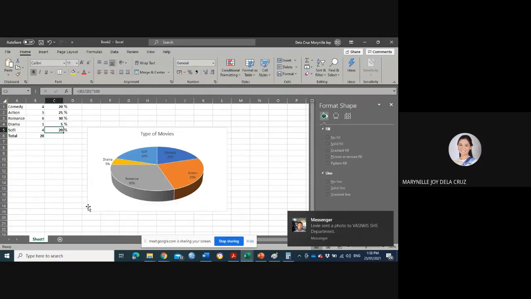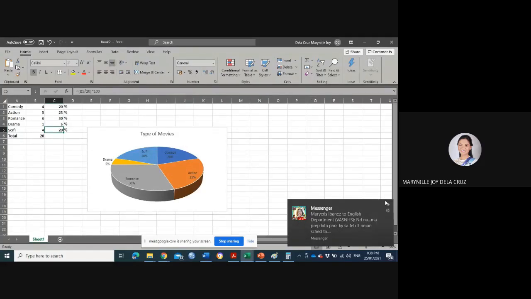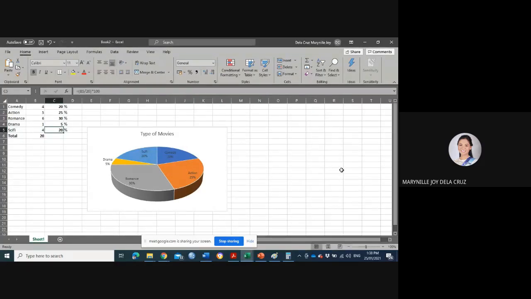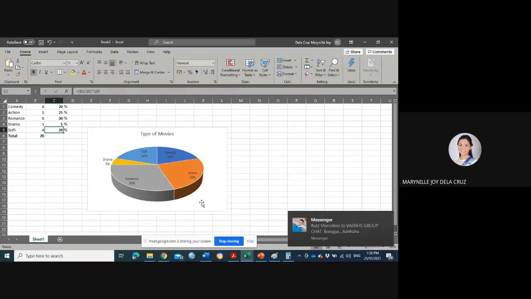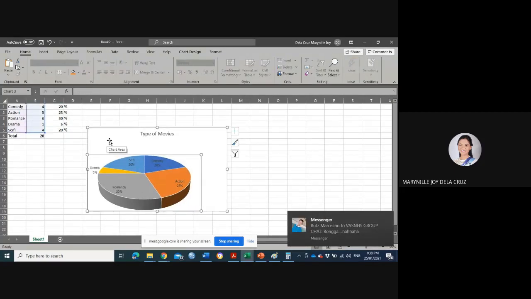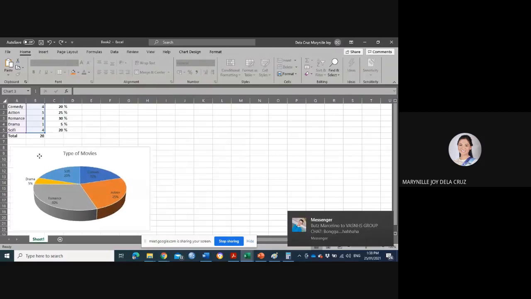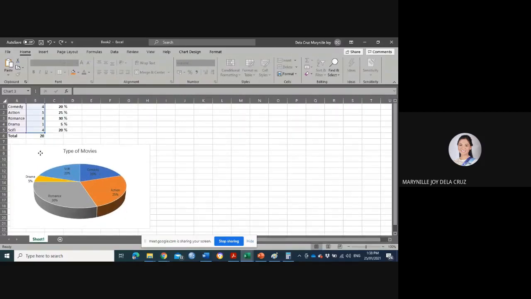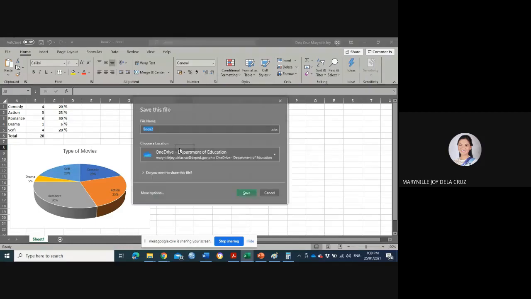So this is how you interpret using a pie chart. So how do you discuss this? When you are talking about discussion, how do you write this in an essay form?